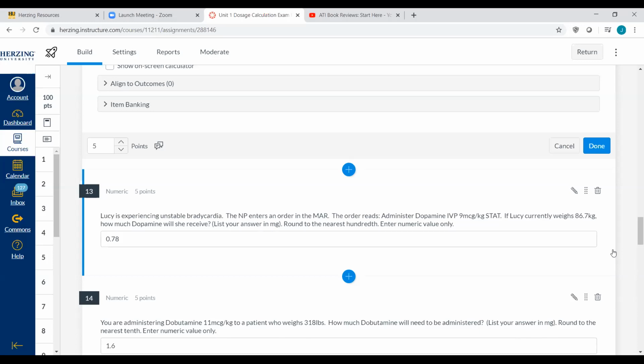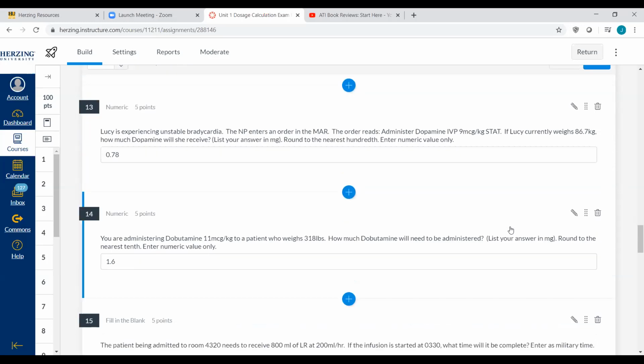It's up to you when you convert. You could convert in the beginning, or do it at the end. Did you get that okay? Yeah. Okay, good.